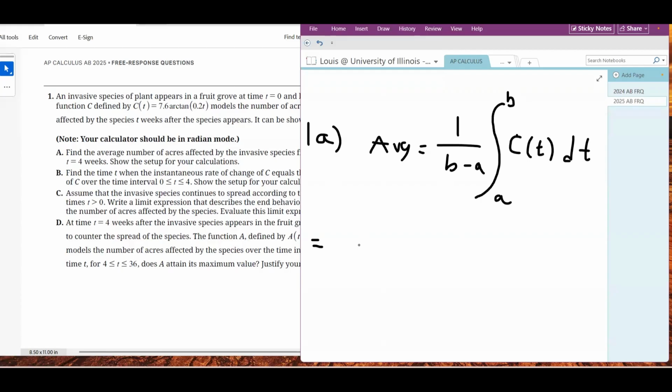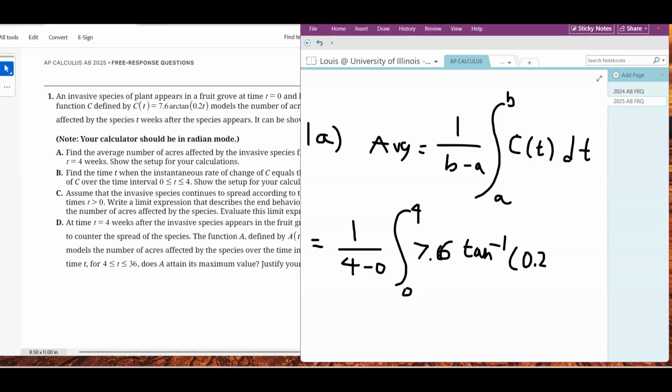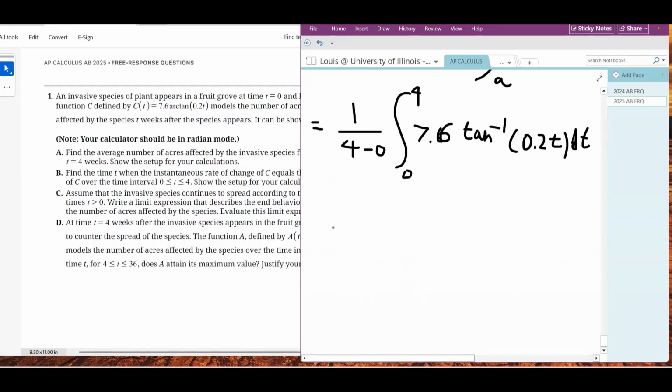Because it's going from 0 to 4 weeks, I'll say 4 minus 0 here, and integrate from 0 to 4 of 7.6 arctan of 0.2 t dt. This is equal to 2.778 acres. Okay.